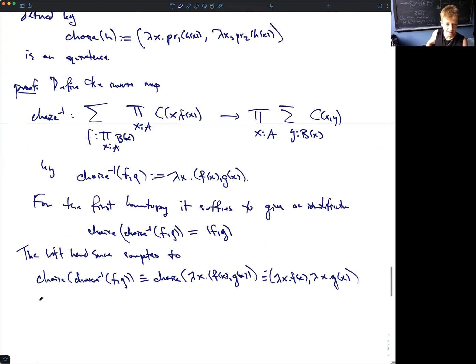And then by the eta rule for function types, maybe using some structural rule involving pairing and definitional equalities, this reduces to just (f, g).